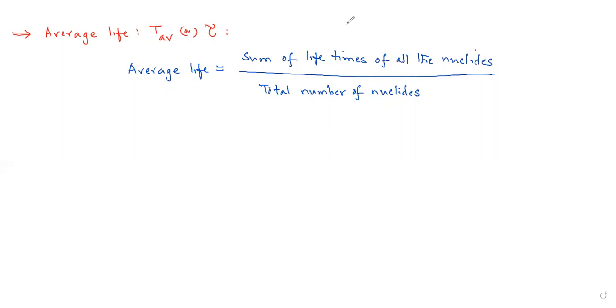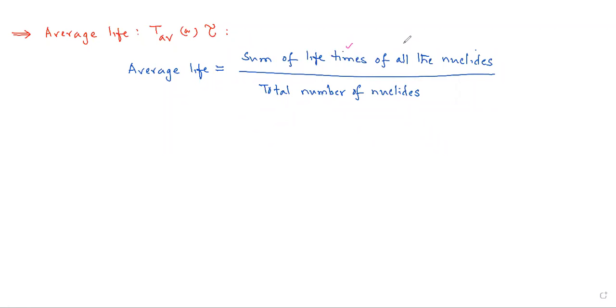But you know, it is very difficult to know the lifetime of a radioactive element. That is the reason why we have gone for half-life. Because radioactive substances go on disintegrating, it's very difficult to say the overall lifetime of a radioactive substance.